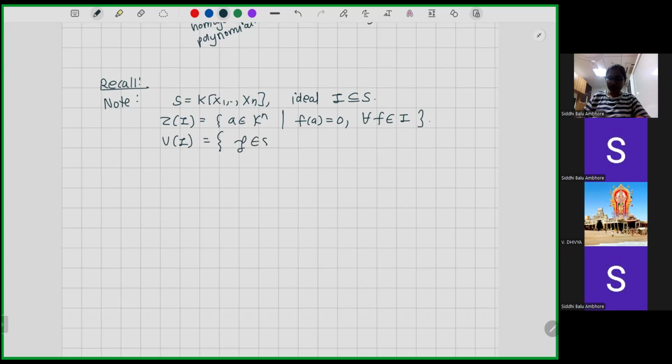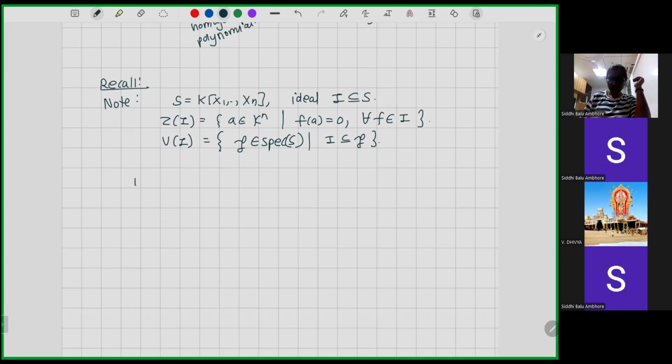V(I) is all those primes in Spec S such that I is contained in P. So if I look at Spec S and a ring of polynomials, the prime ideals are analogous to the functions, or the polynomials, in my polynomial ring.